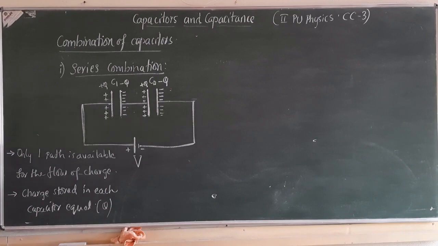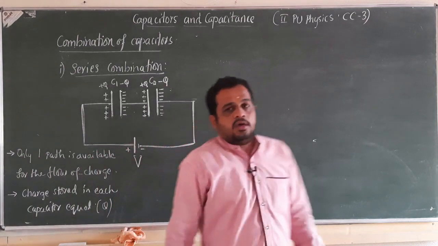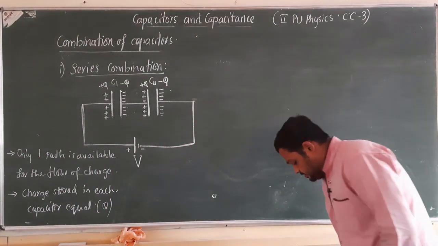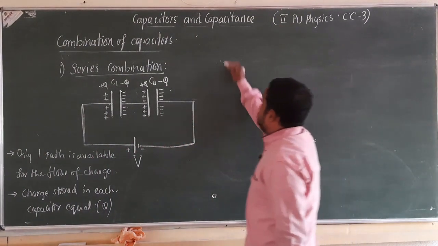Now, only one path is available for the flow of charge in case of series combination, and if you consider the amount of charge stored in each capacitor, it is equal. That is equal to q. Now, what about the potential difference across each capacitor?